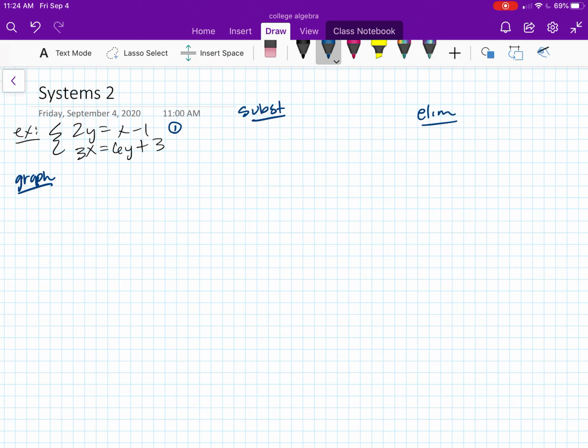So when we divide by 2, equation 1 becomes y equals, rather than writing x over 2, I'm going to write 1/2 x, right? We could multiply by 1/2 or divide by 2, essentially the same thing. And now I'm in slope-intercept form to quickly get the graph, right? y equals mx plus b.